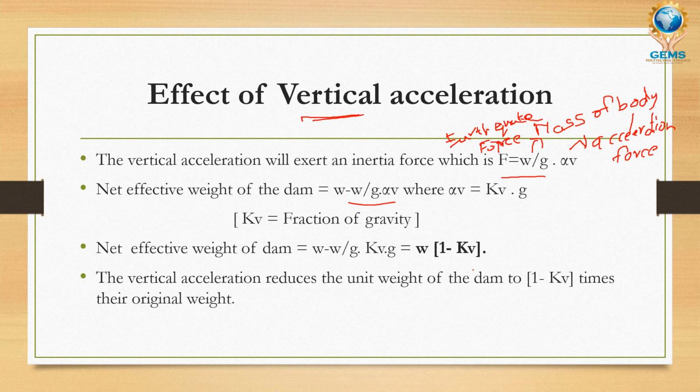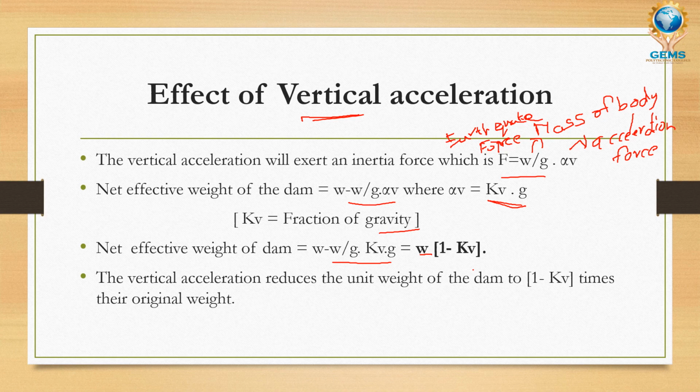Then alpha V here is kV into G, where kV is the fraction of gravity. Then the net effective weight of the dam is W minus W by G into kV into G, which is equal to W, the unit weight of the dam, into 1 minus kV.